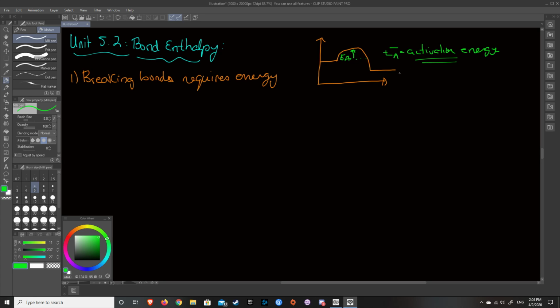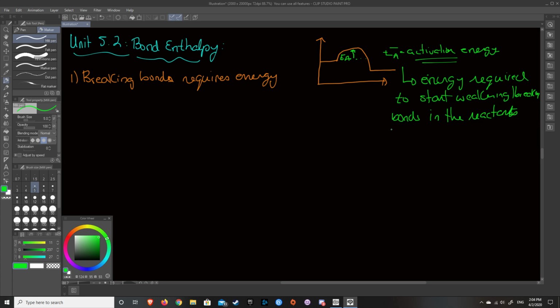Basically, the activation energy is the energy required to start weakening and breaking bonds in the reactants, so that they can react to form the products.